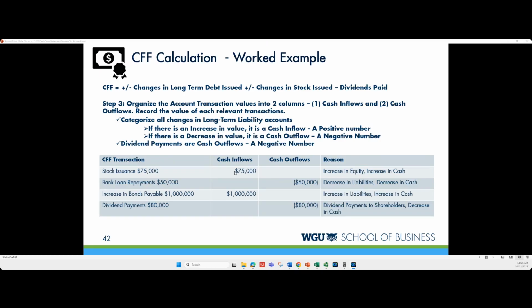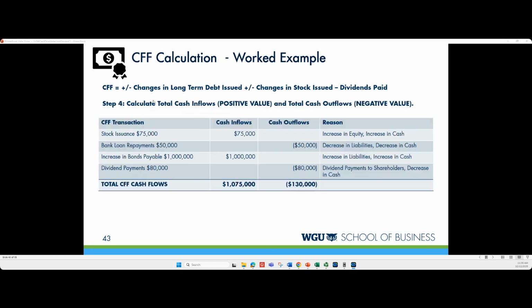Our bank loan repayments, again, that's a payment going out the door to the bank. It's a negative number, a cash outflow. Increase in bonds payable, that's a cash inflow. We've received more money from investors in the form of selling the bonds. Then our dividend payments, that goes out the door to our equity shareholders. That's a cash outflow.